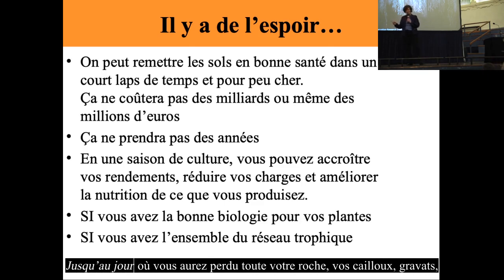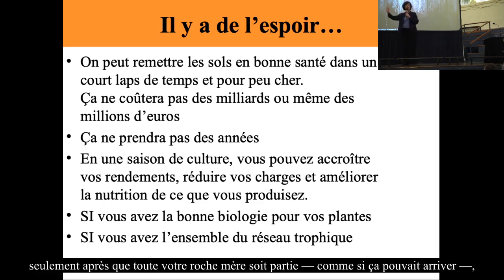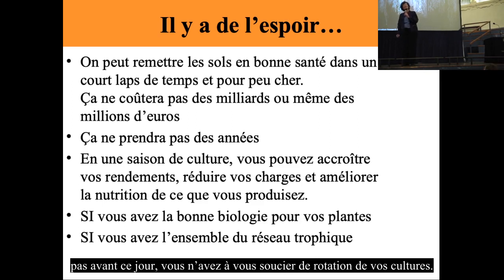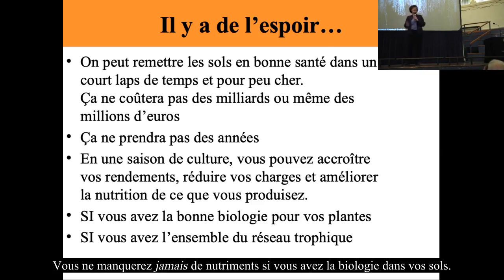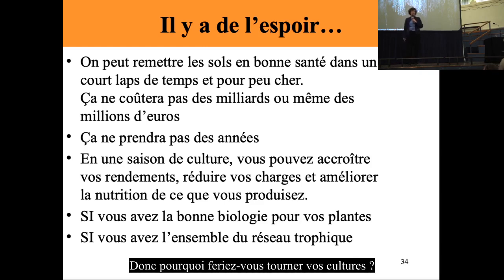Until the day you've lost all your rocks, all your pebbles, all your gravel, only after all of your parent material is gone, like when's that going to happen? Not until that day do you have to worry about rotation of your crops. You never run out of nutrients if you've got biology in your soil. So, why would you have to rotate your crops? Not necessary.